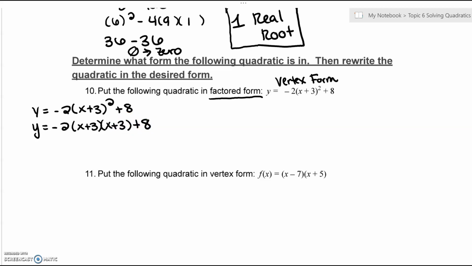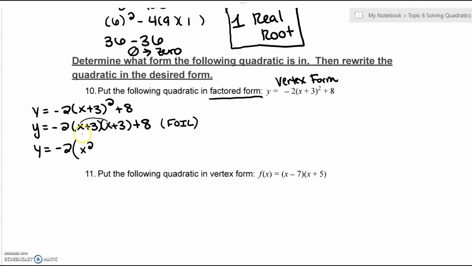Now, another thing that I noticed is that I have these two sets of parentheses here. And when I have two sets of parentheses side by side, we know that we can FOIL to get rid of those parentheses. So I'm going to do that. I'm going to leave the -2. I'm going to open a big parenthesis because I'm just going to multiply these out. So remember, FOIL. The first two terms are x times x, which is x squared.